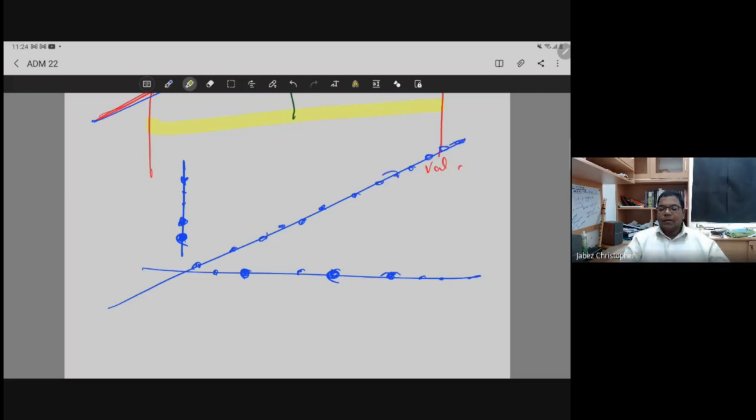Now, got the point? What am I going to do? A data set that had two features, feature 1 and feature 2, I'm going to transform it to another domain by a transformation followed by a projection, by which I'm going to retain only this one feature, this only one value.